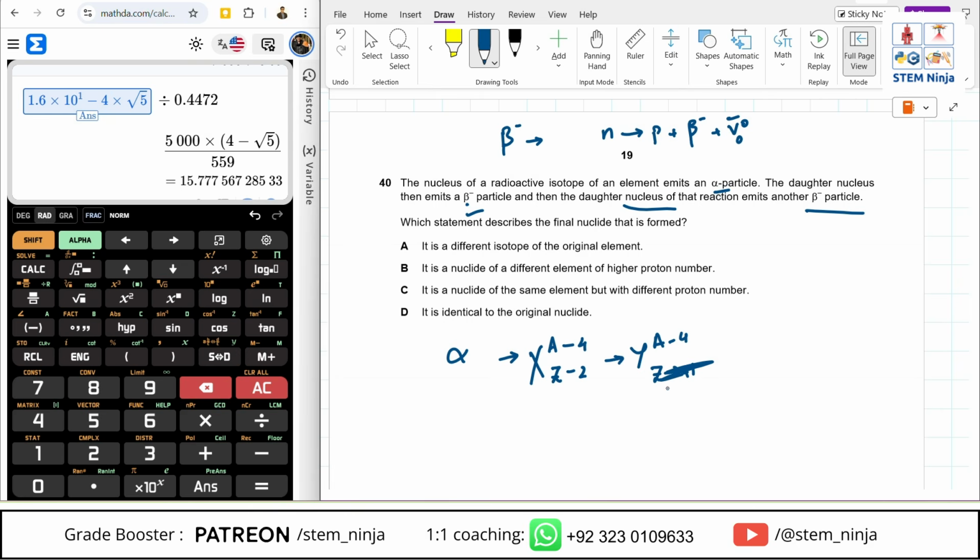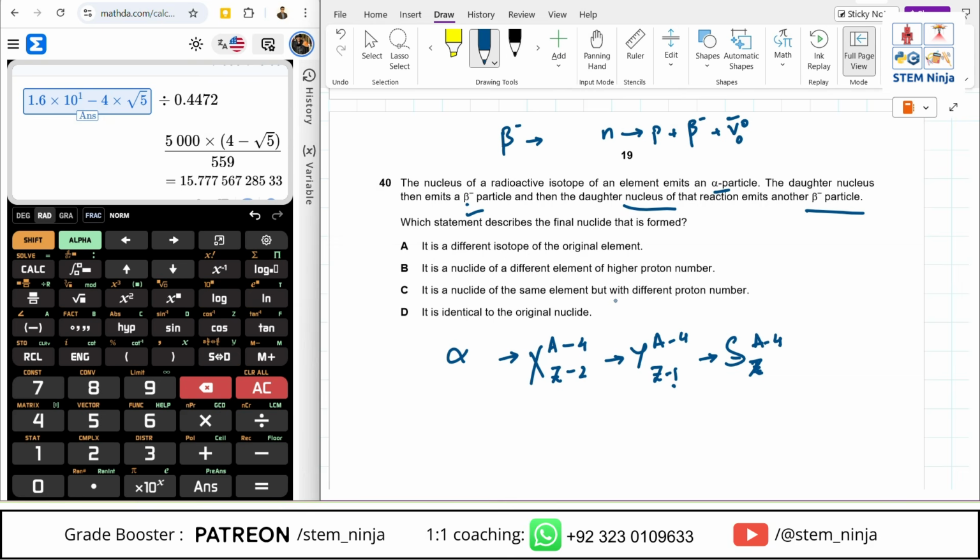Another beta decay happens, so the mass number remains the same and the proton number increases by one again, so it becomes the original proton number.